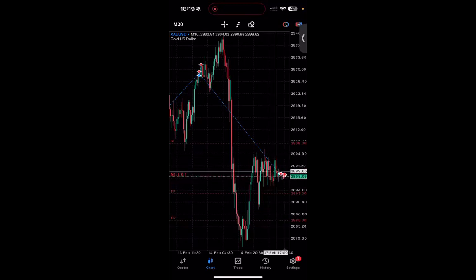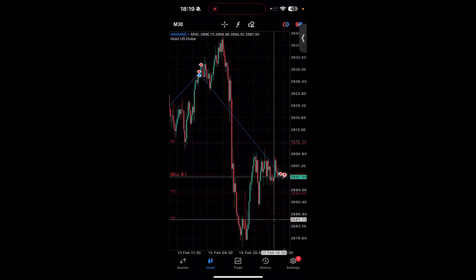If the market does reverse on me, it's just going to take me out where I entered in the first place, so I'm not going to lose any money. But because this trade is now in profit, I could also close out part of that profit to secure even more money while I wait for it to come down here.